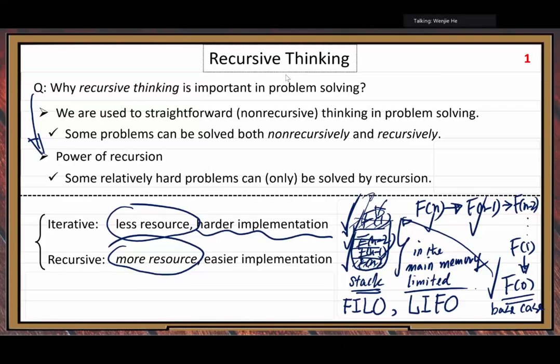If one of the programs uses too much memory, then all the other programs will slow down significantly. That's the drawback of this recursion.